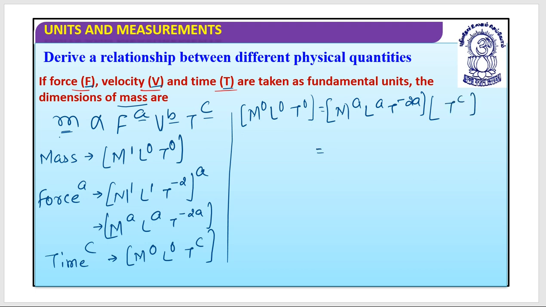So if I write it down, this is M1 L0 T0 should be equal to M to the power A, L to the power A, T to the power minus of 2A plus C. So A is equal to 1.